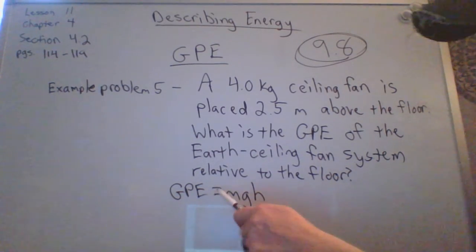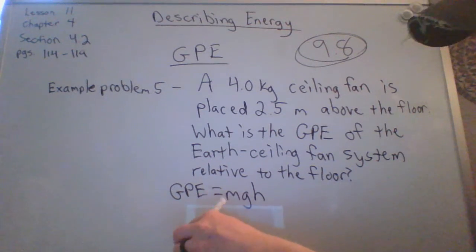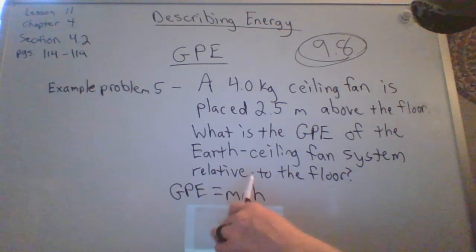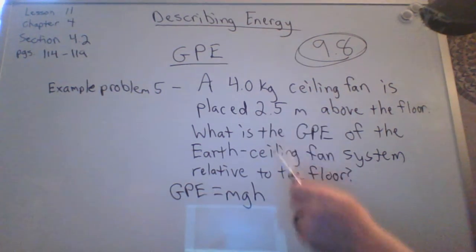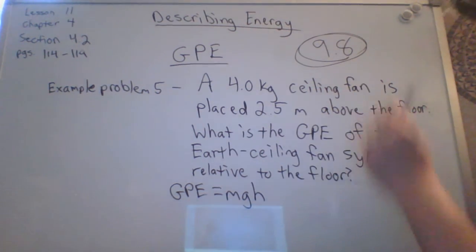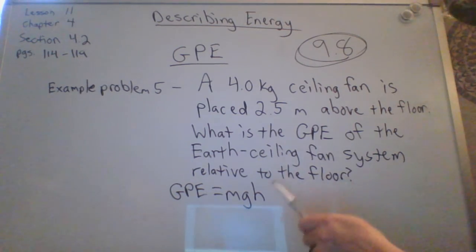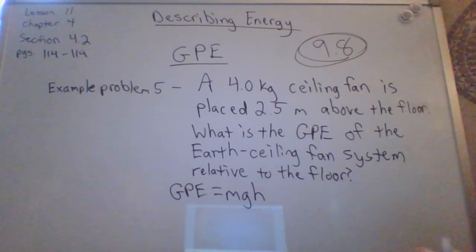So if we apply all of this to our equation for gravitational potential energy, we're going to multiply the mass, which is 4.0, times gravity, which is 9.8 on planet Earth, times 2.5, which is our height.